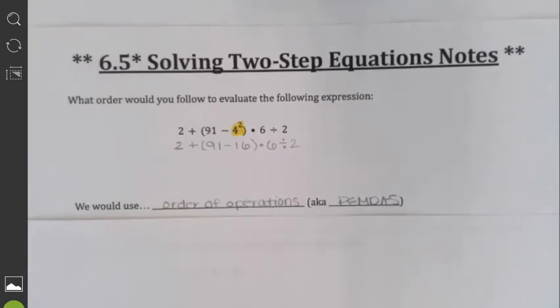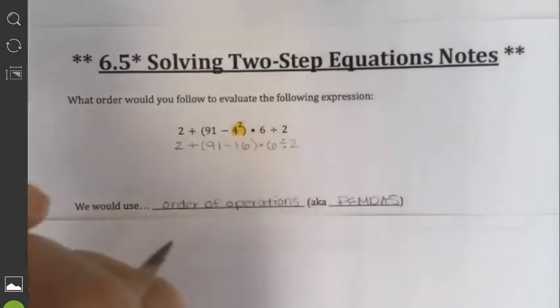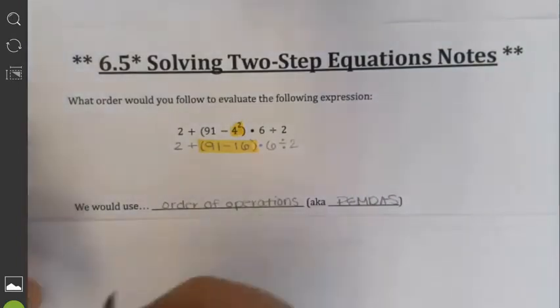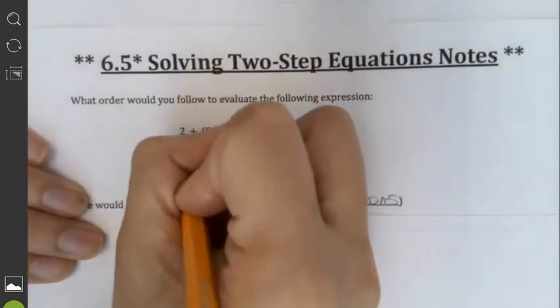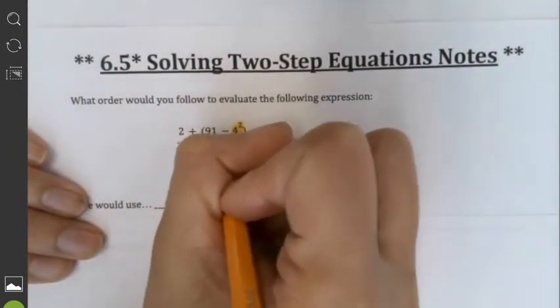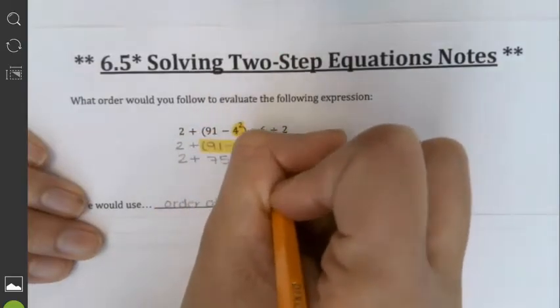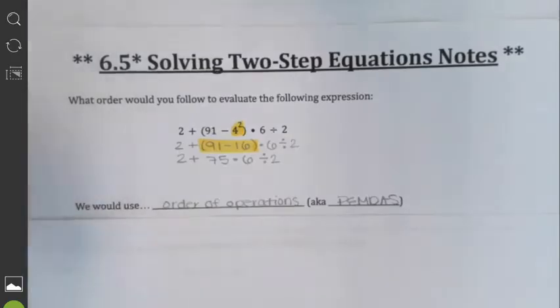Then I am going to do the rest of the parentheses, the subtraction that's inside of it. And 91 minus 16 is 75.